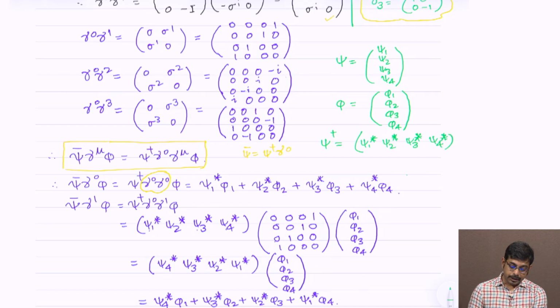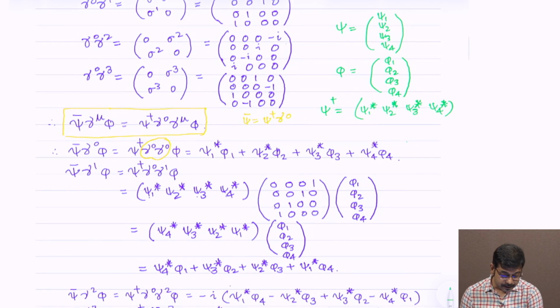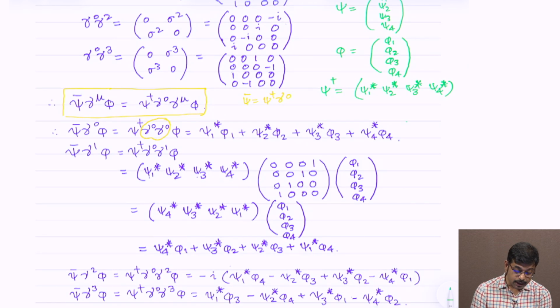All right. So, with this, psi bar gamma 0 phi is essentially psi 1 star phi 1, psi 2 star phi 2, psi 3 star phi 3 plus psi 4 star phi 4. I am writing all the individual components of psi bar gamma mu phi. Now, you know that mu takes values 0, 1, 2, 3, correct.